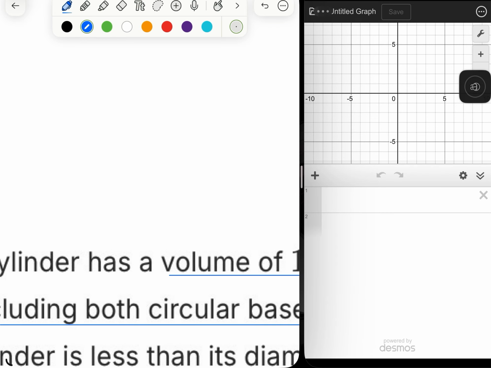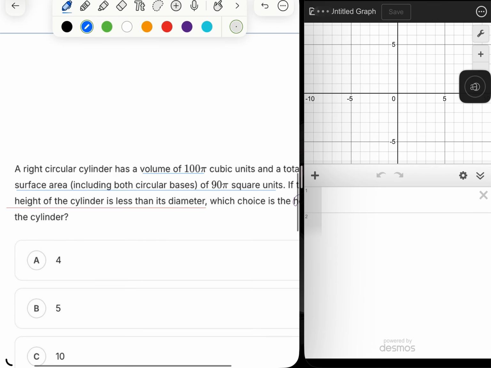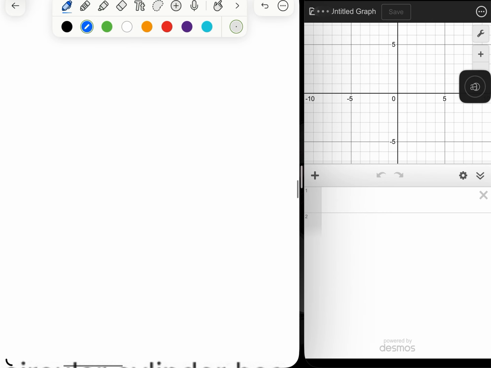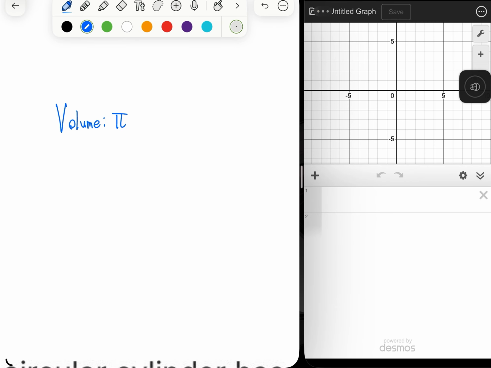So of course, if we're dealing with volume and surface area, and those values are given, then it's probably a good sign that we have to use a formula. So what is the volume of a cylinder? Well, the volume is going to be pi r squared, which is the base, times the height.